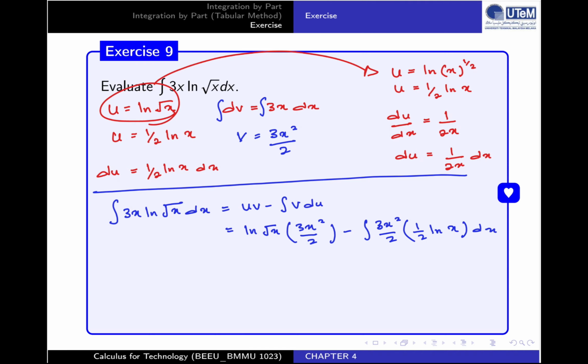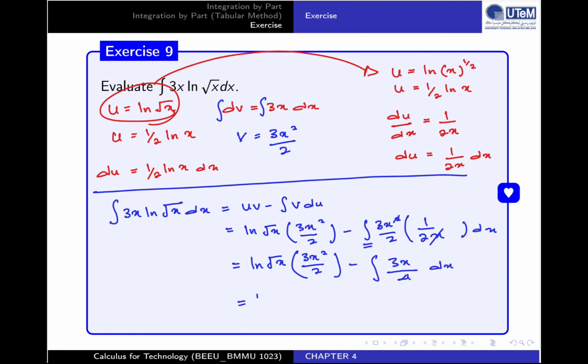So here supposedly we have 1 over 2x dx. So this one we can simplify. You can integrate this part, ln x times 3x squared over 2, minus the integration of, simplify first, you can get 3x over 4 dx.